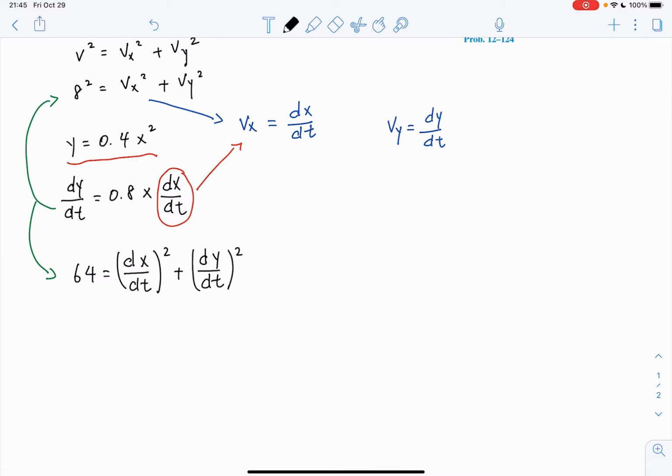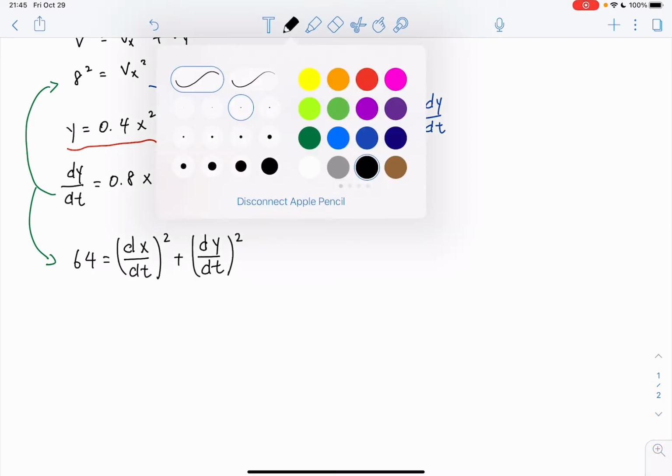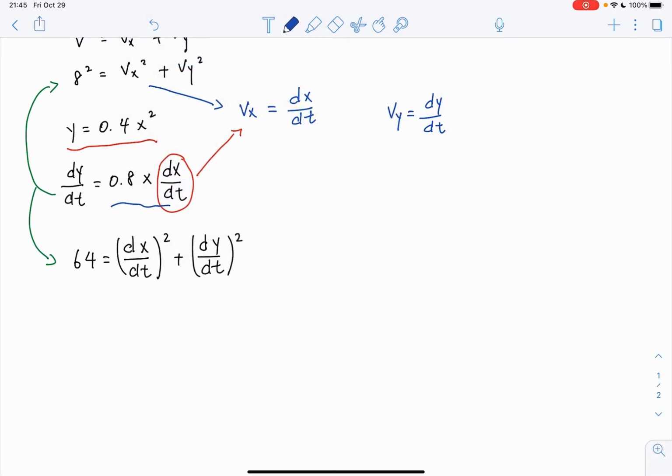But we just found that dy over dt is 0.8x dx over dt.